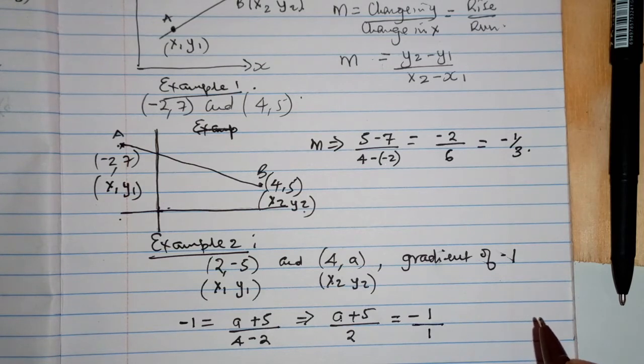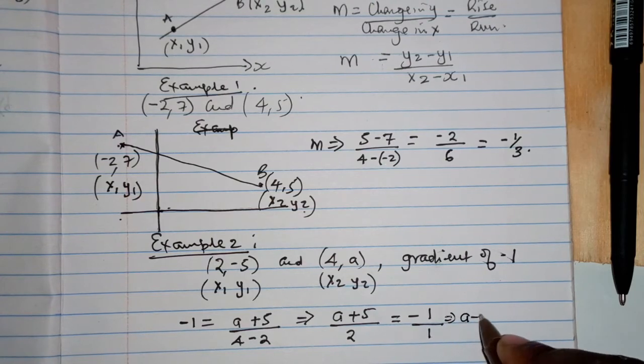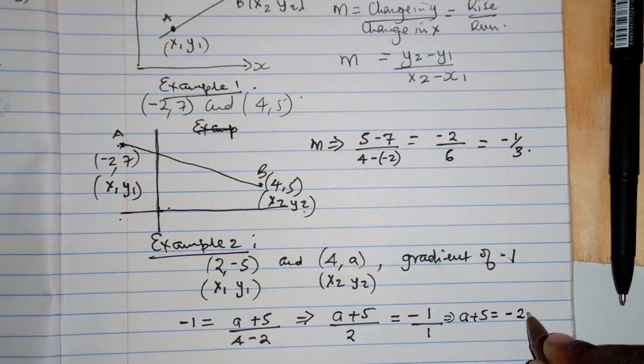So if we want to get the value of a, we are allowed to cross multiply, because when two fractions are equal, cross multiplication is quite in order. You get a plus 5 times 1, which gives us a plus 5, equals 2 times minus 1, which is minus 2.